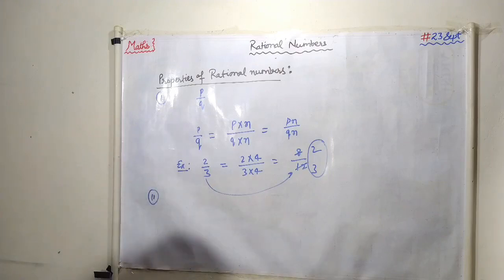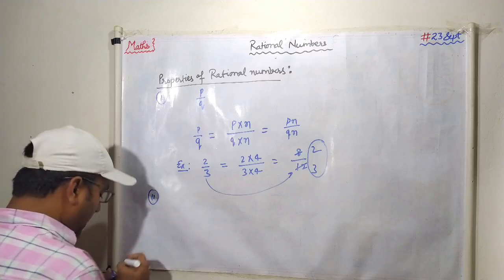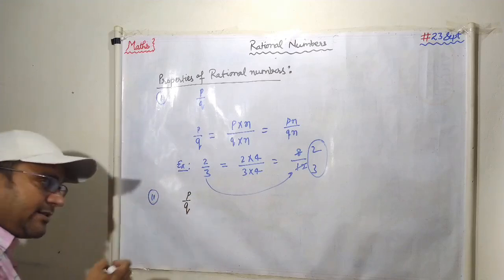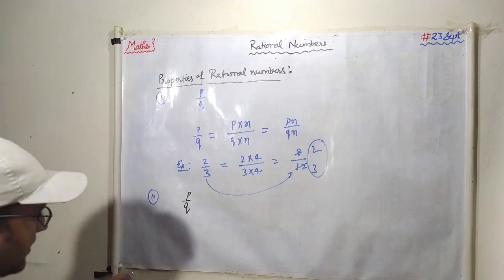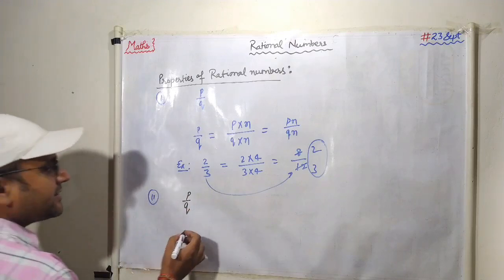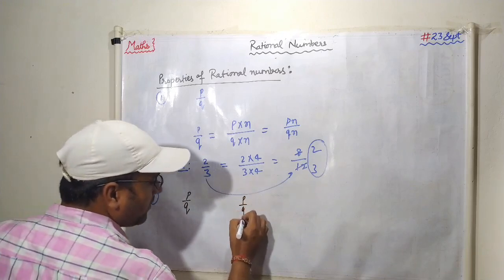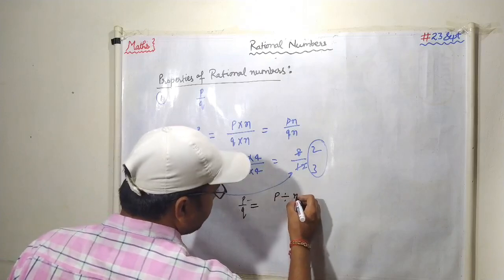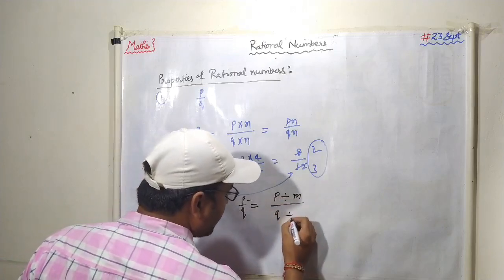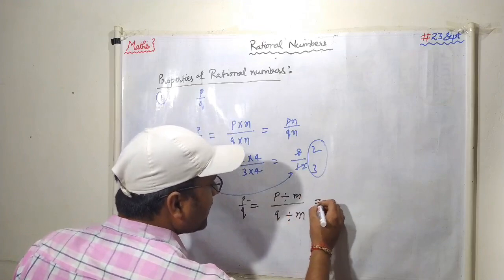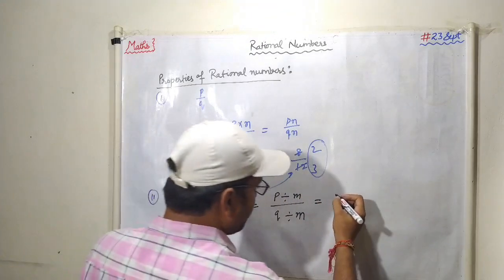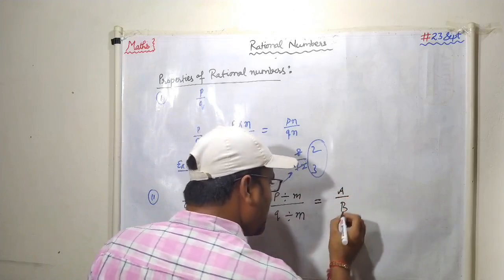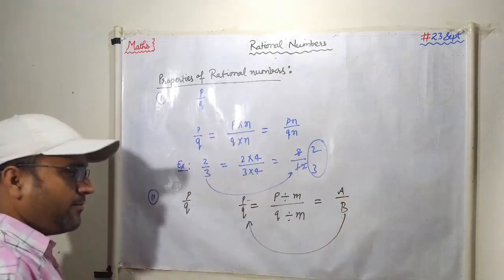Now the second property, the same as it is. If you have taken a rational number p upon q, and you divide by any non-zero integer m, p is also divided by m and q is also divided by m, then you will get another rational number, suppose a upon b, which is equivalent to p by q.